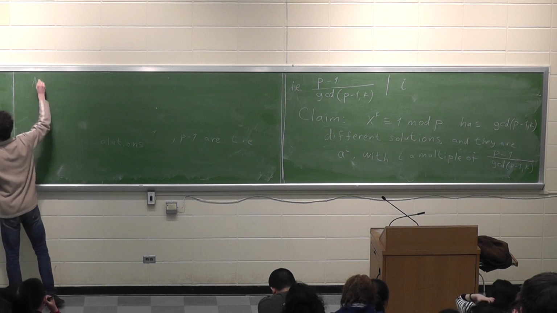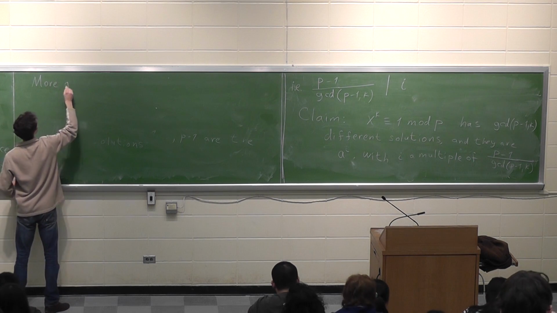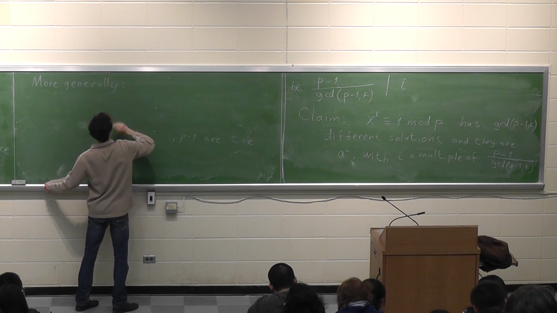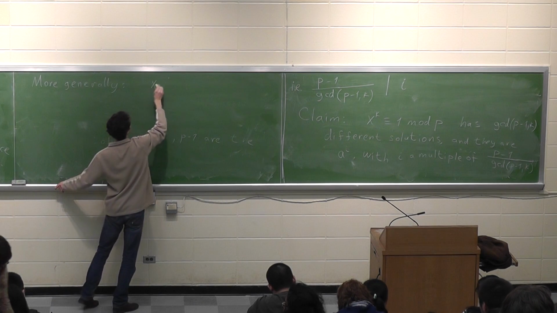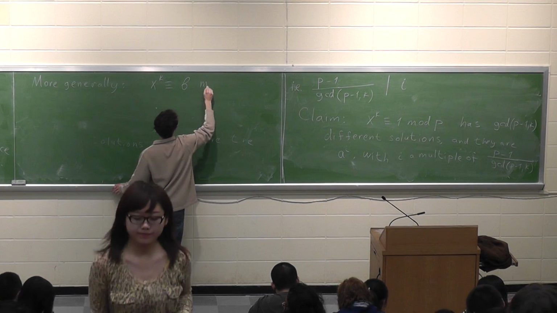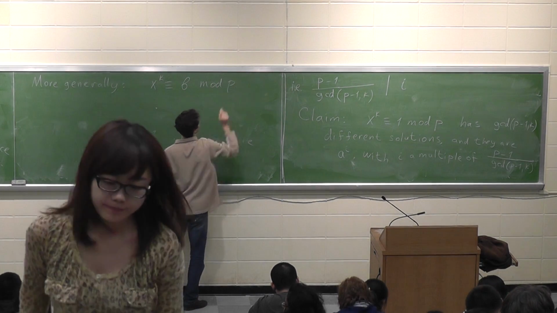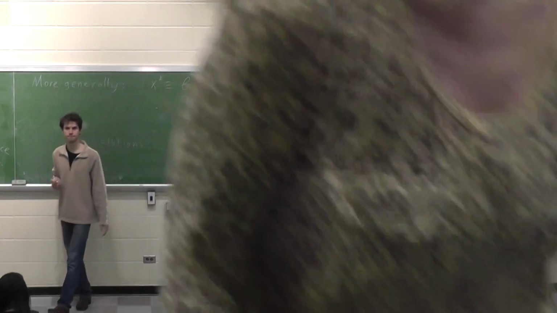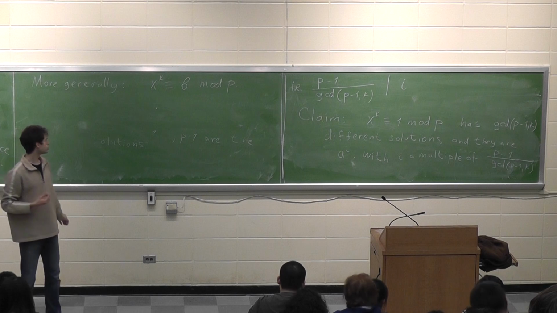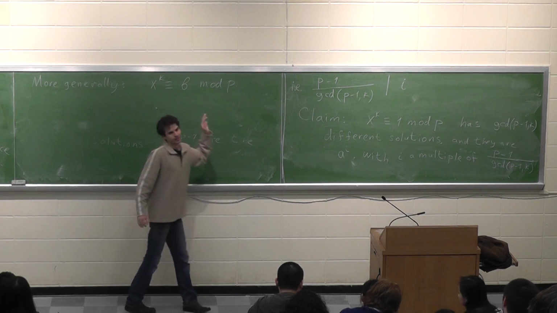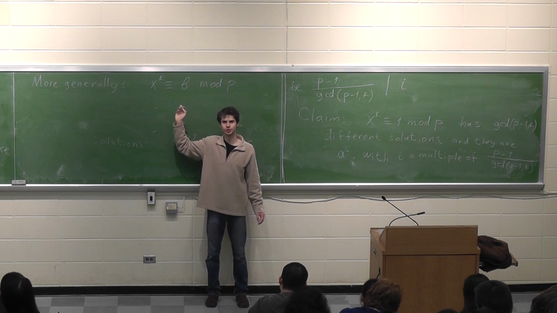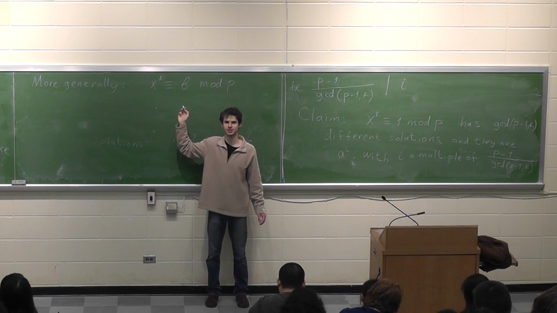So more generally, let's try to understand what happens if we try to solve such a congruence. Unfortunately, the question of whether this congruence has at least one solution is not obvious.